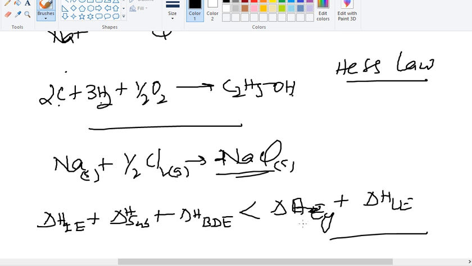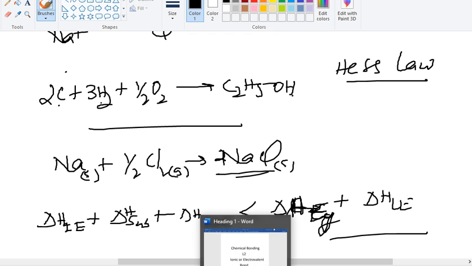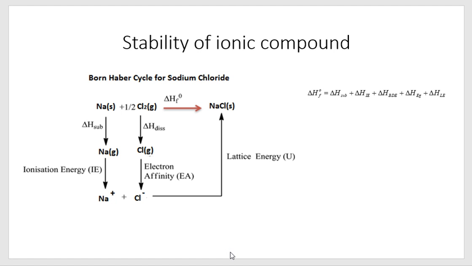On this basis we can say that this should be so. If it follows these two conditions, obviously if these two are higher than this, then delta HF will be negative, right?